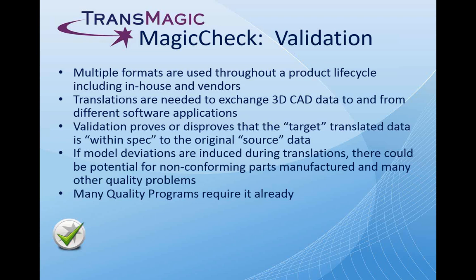Many of the specifications, such as the AS9102, will require you to at least catalog that if you are using a translated file from the original authority data along any point of your process, you are storing reports that essentially prove that the translated data you're using in your process is within specification to that authority data. Many quality programs require this type of reporting, or at least cataloging of information today.